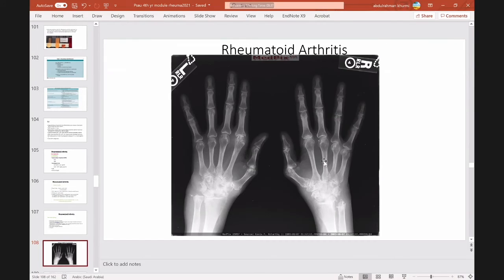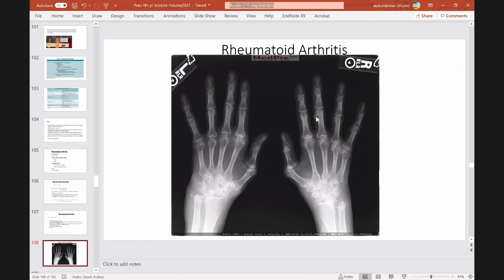Periarticular osteopenia means fragility of the bone itself is not intact. You can see it here, osteopenia, osteoporosis, brittleness. Clear. Okay, and also destruction of the joint, as you can see here.